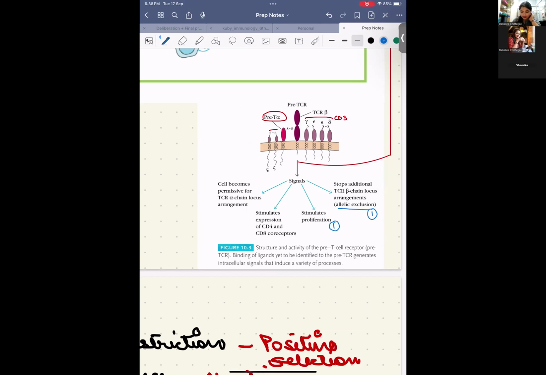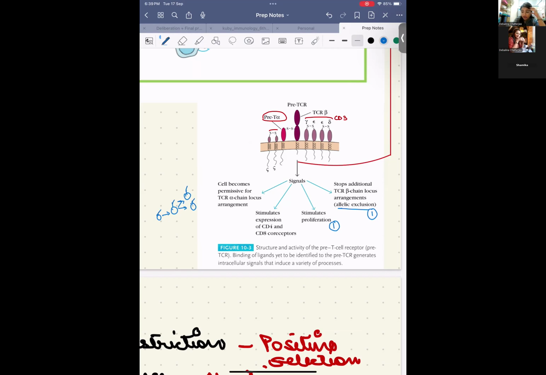The other signal that comes up is, once we have this proliferation happening, we have more cells coming into the picture and they are getting more signal to proliferate further. So this one cell divides to the next, and this second cell is also stimulated to undergo proliferation, all with the same kind of beta chain on its surface.